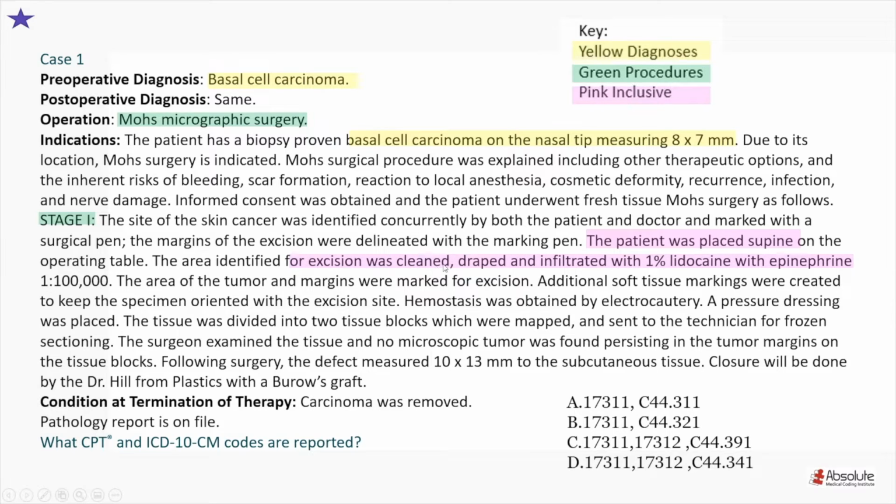The area for excision was cleaned, draped, and infiltrated with 1% lidocaine and epinephrine. 2 tissue blocks mapped, sent to the technician for sectioning. The surgeon examined the tissue. No microscopic tumor. Defect measured 10 by 13 millimeters to the subcutaneous tissue, and closure will be done by Dr. Hill from Plastics with a burrow graft.